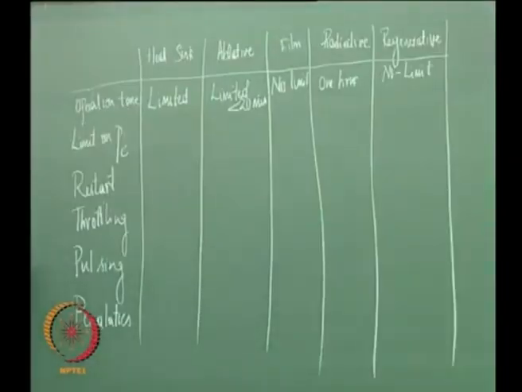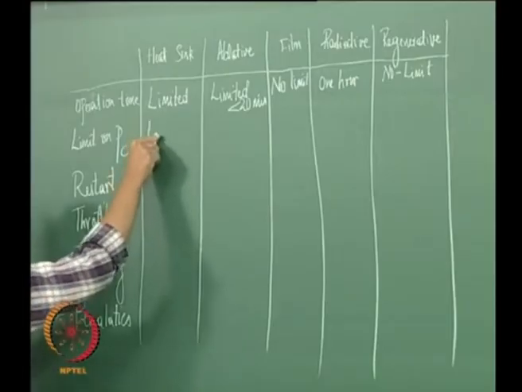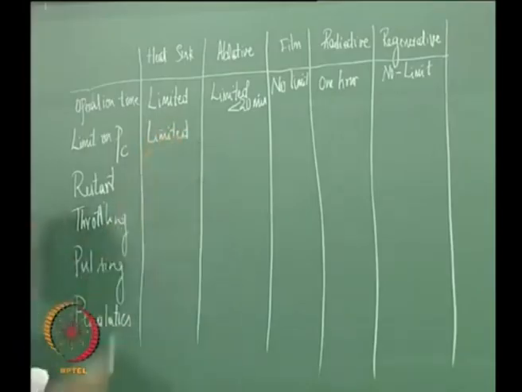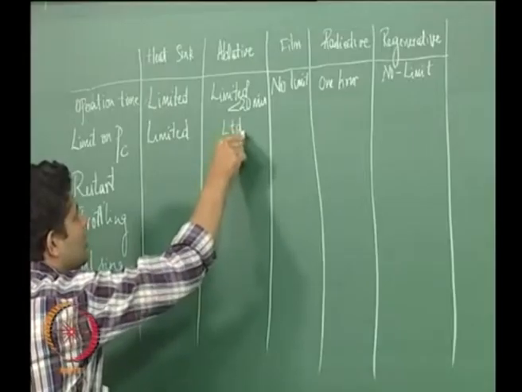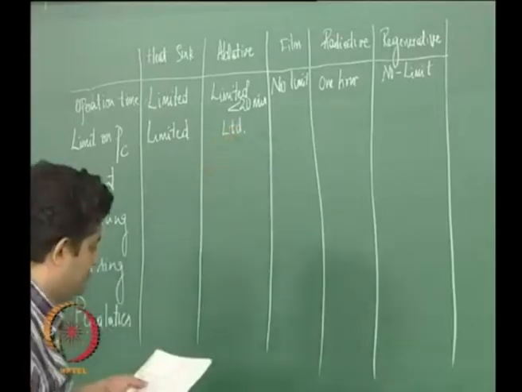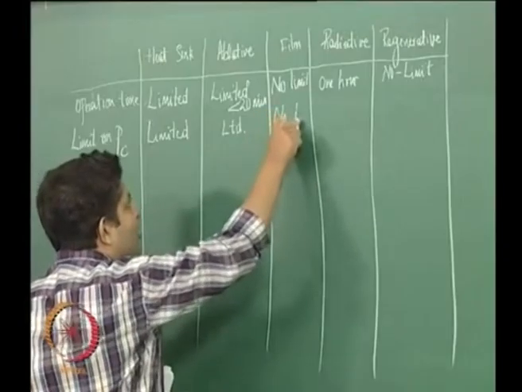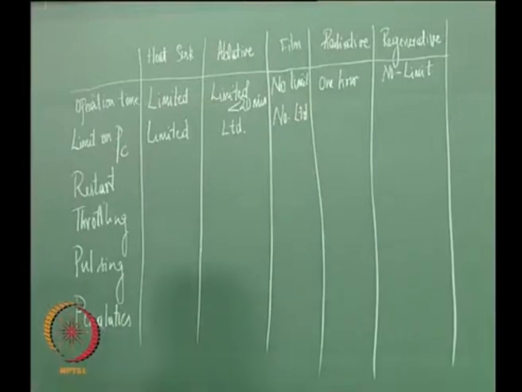Now, the limit on PC. Heat sink obviously cannot be unlimited, so this is again limited. This is also limited. This would have no limit as long as you have the coolant on board.